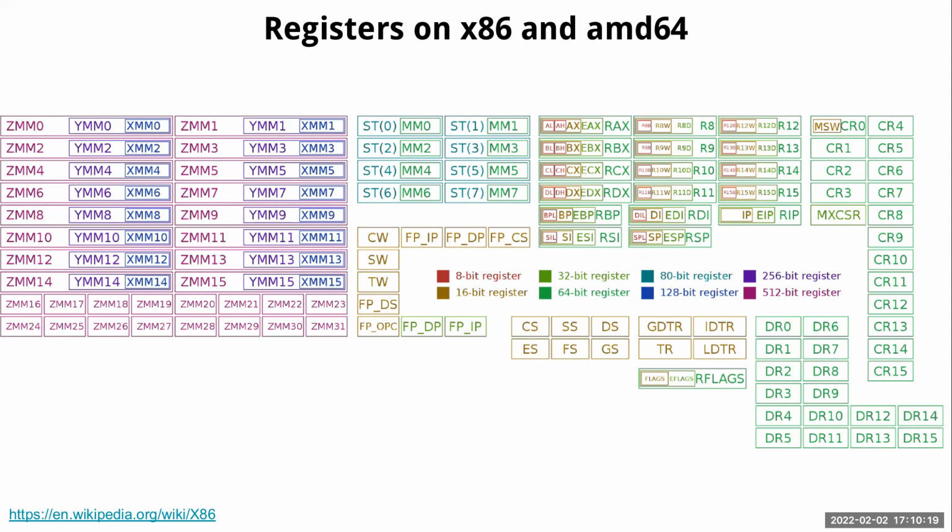Also, there are other registers, IDTR, which is the interrupt descriptor table register, and this is the local descriptor table register. The EFLAGS register can also be extended to RFLAGS. Those registers, we're not going to use very often.